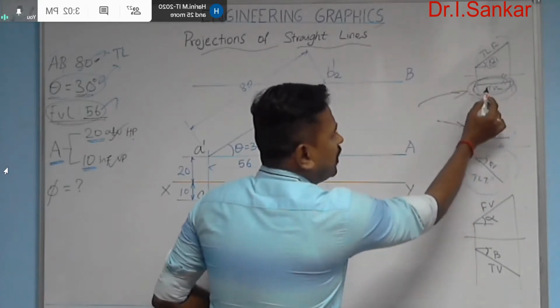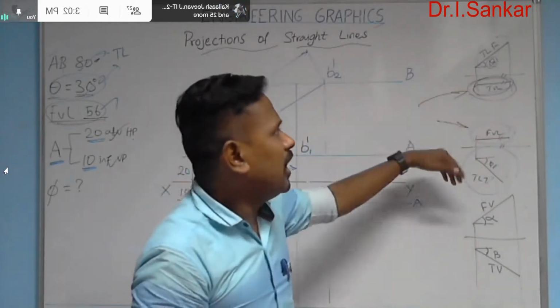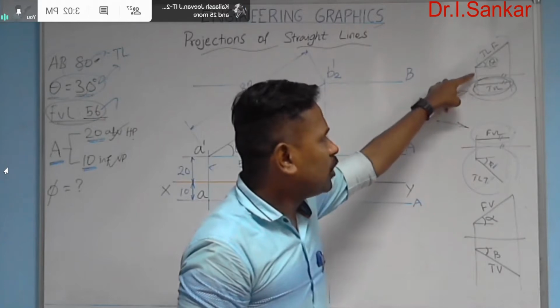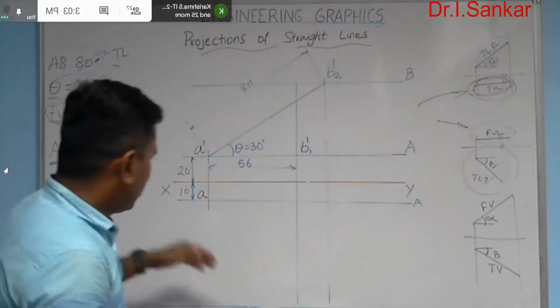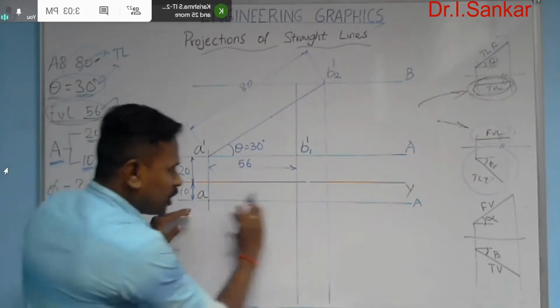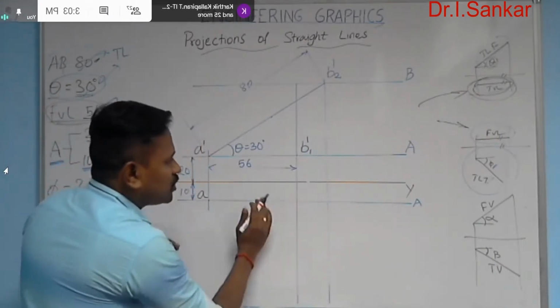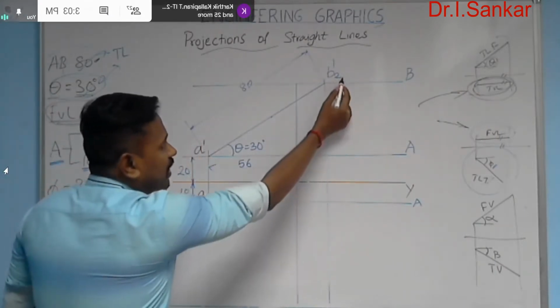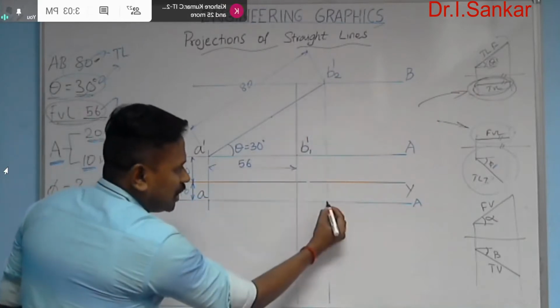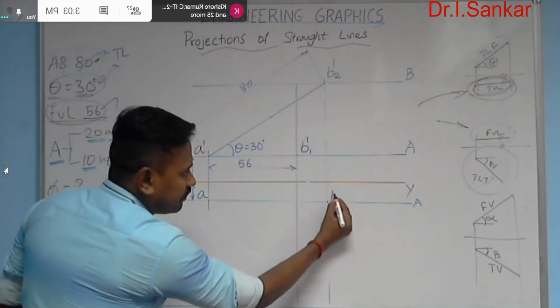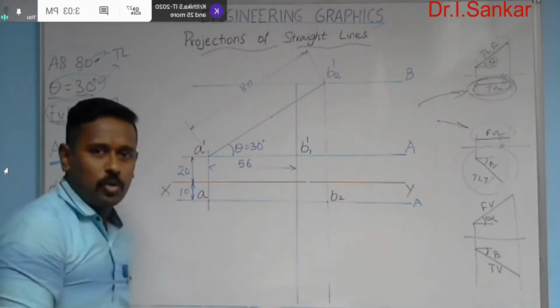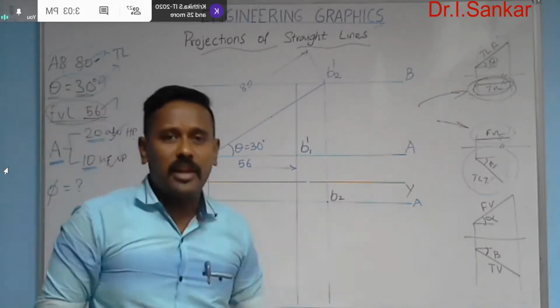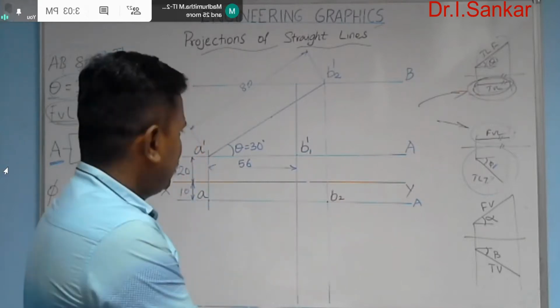This is marked in the top view area perfectly parallel to XY and in the locus of A. Here in the top view area, on the locus of A parallel to XY, you can mark the pair of B2 dash, that is B2 here, and this A B2 is nothing but your top view length line.